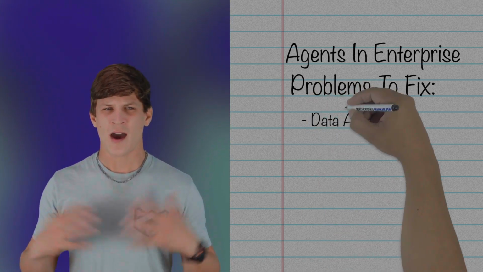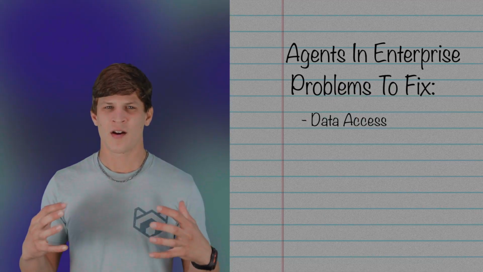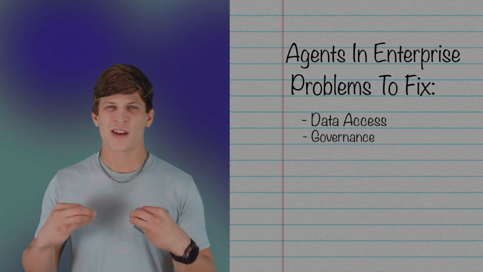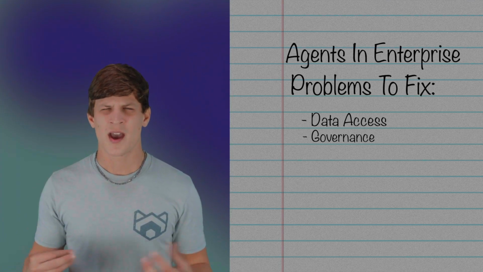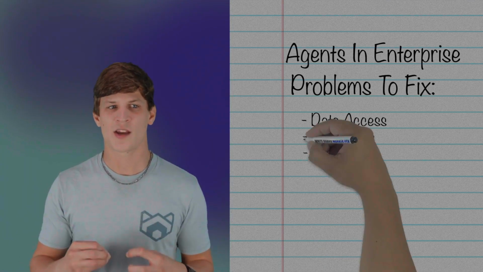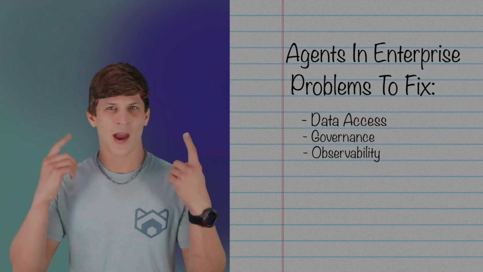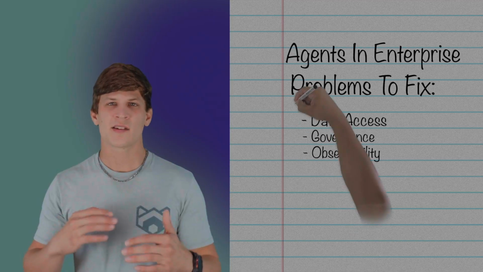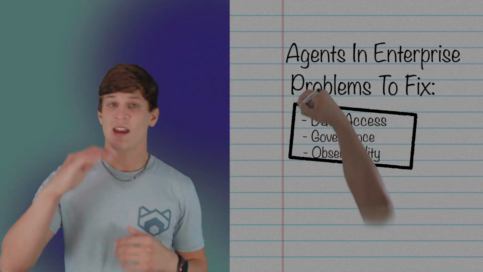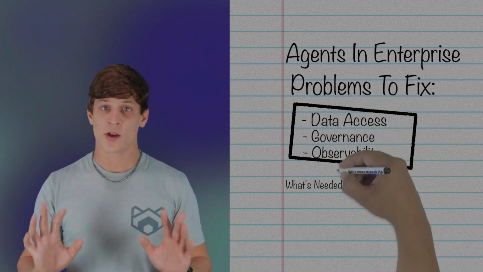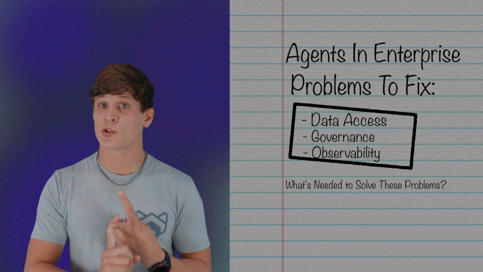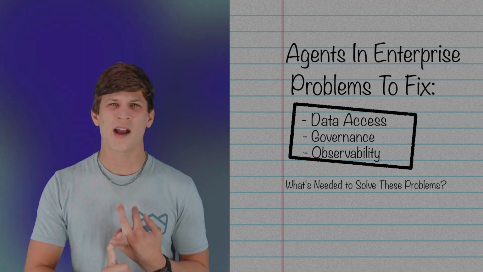So how do you give access to all that information without creating chaos, without handing over the keys to every system, and critically, when something goes wrong with your agent, how do you figure out what happened? That's really what agent infrastructure is solving. It's a layer that sits between your agents and the data. It answers three questions. What can this agent access? How does it interact with tools? And what did it actually do?